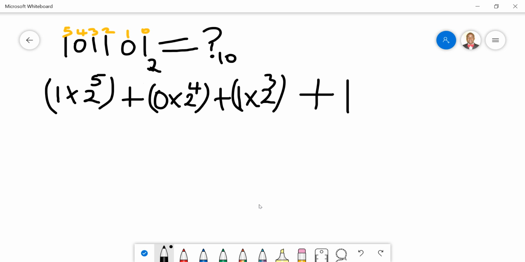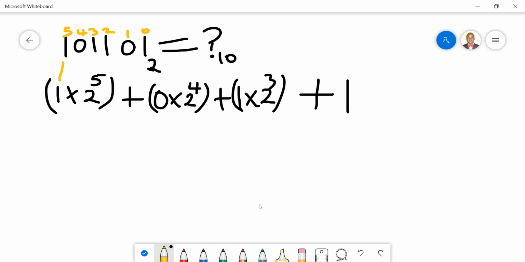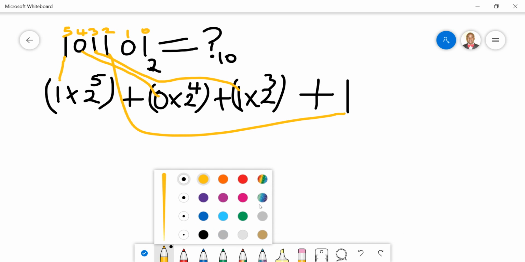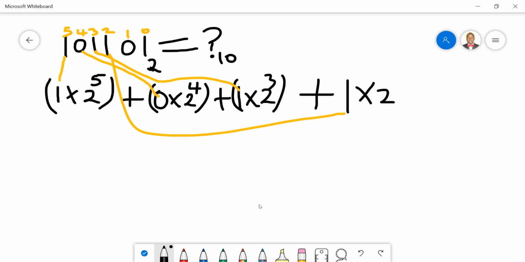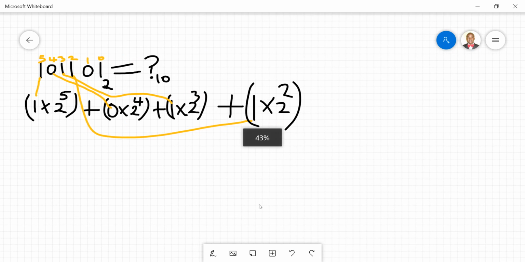Remember, this 1 here is the first number here. This is 1, and this is that 0 that we are talking about. And the other one is the one that I'm going to write here, which is 1 multiplied by 2 to the power 2.